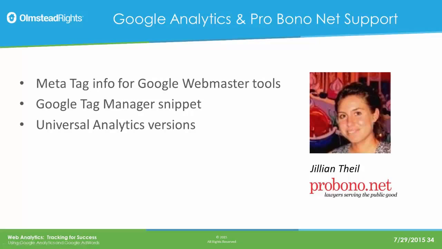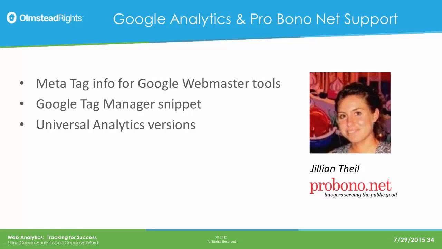And while we do not currently manage Google Analytics on behalf of the Pro Bono Net network the way that we do for lawhelp.org sites, we can certainly add partner supplied tracking code to help support the use of Google Analytics in the same way that Olmsted Rights did in working with the media.